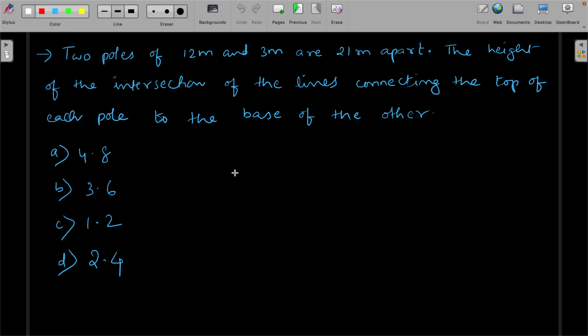That means there are two poles. One pole is of 12 meters and the other pole is of 3 meters. And these are separated by a distance of 21 meters. We need to find out the height. Which height?